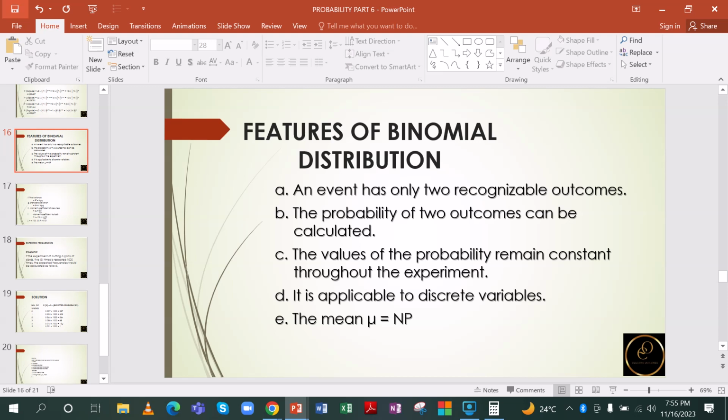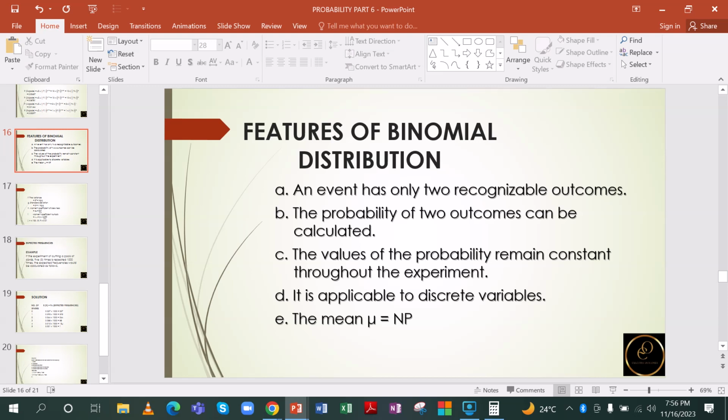Then we have the mean, which is represented by the Greek letter mu, which is calculated as n times p. Number of elements times the probability of success gives you the mean.